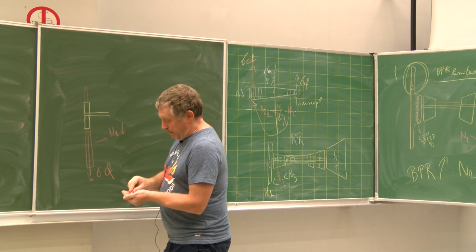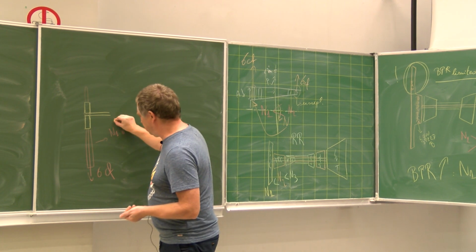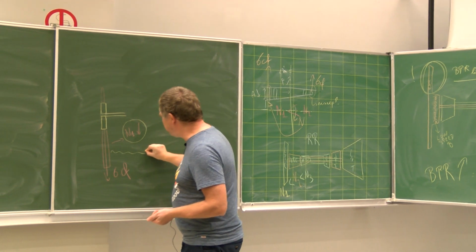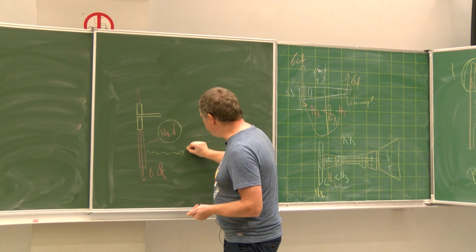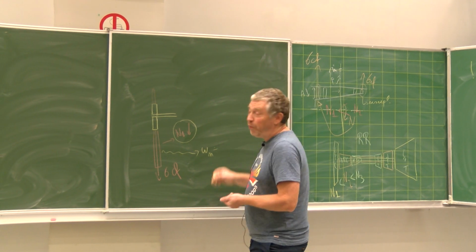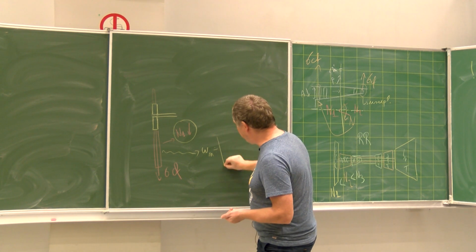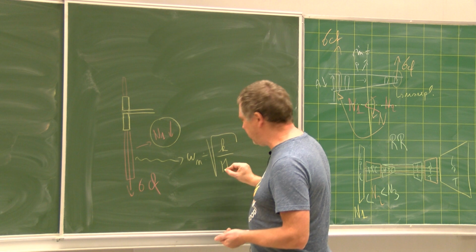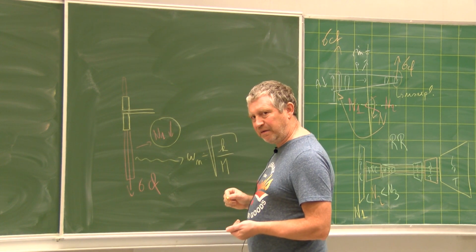Okay? But at the same time, if you take this blade and compute the natural frequency of this blade, or the resonance frequency, it will be proportional to the square root of the stiffness divided by the mass.